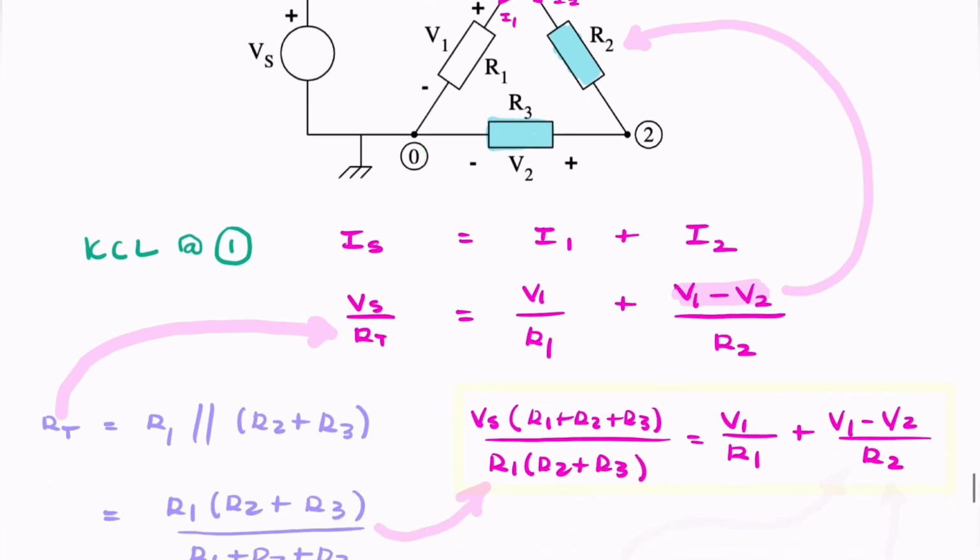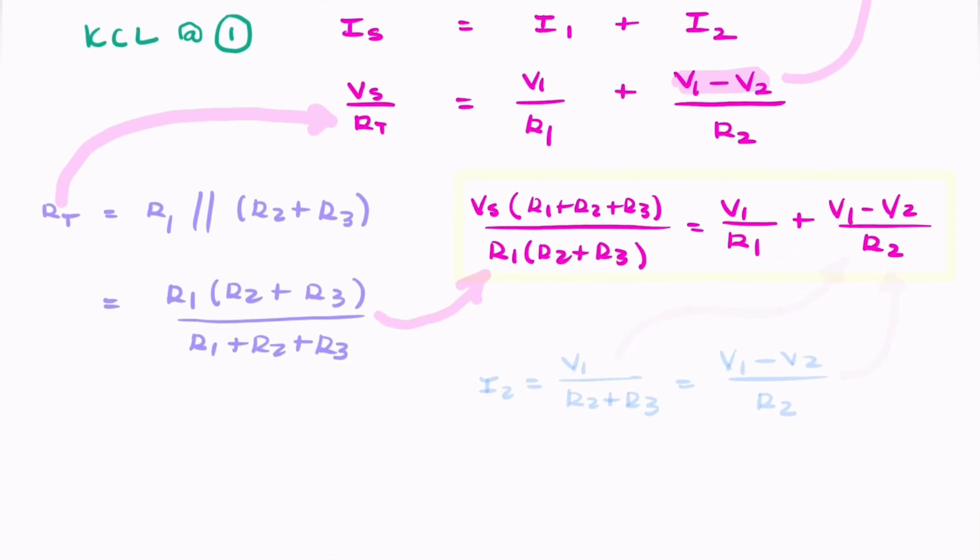So let me write that. I2 equals V1 over R2 plus R3, which is equal to V1 minus V2 over R2.